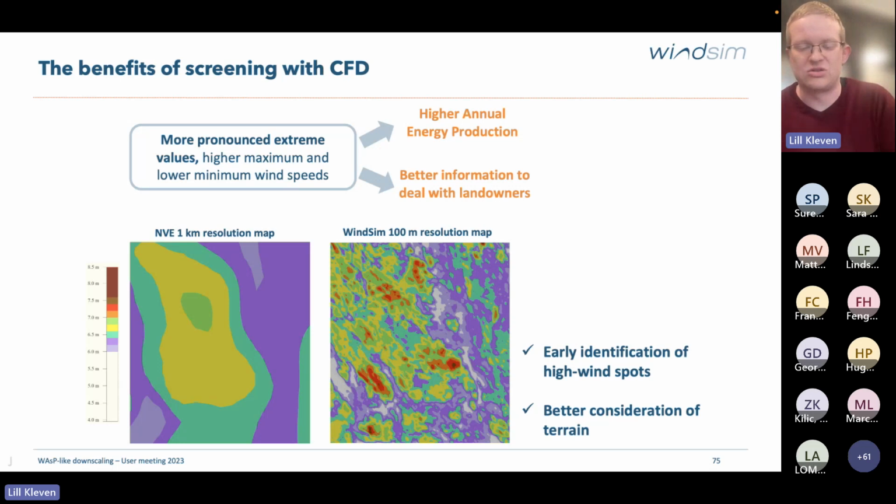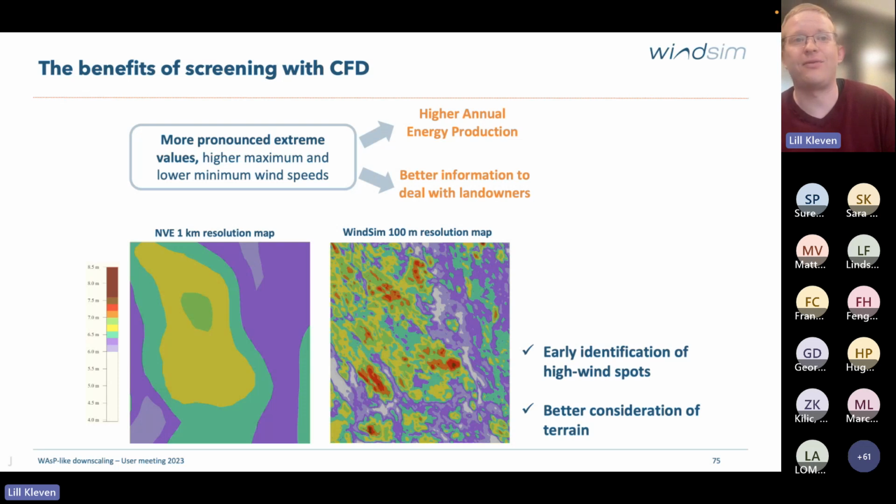The simulations are used to calculate the relative changes in wind speed and direction with respect to the met masts. So the absolute values of wind speeds that you get from the Phoenix solver don't really matter. It's the relative changes inside the domain that we mostly care about.